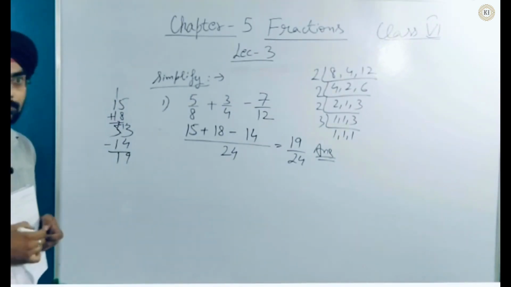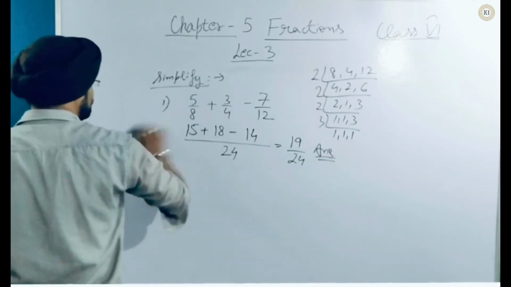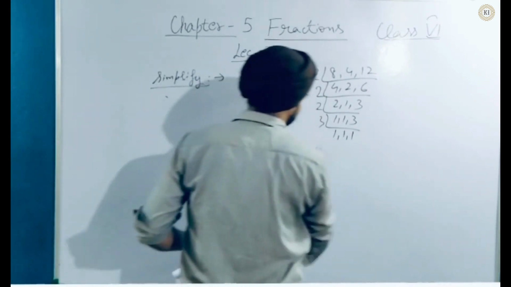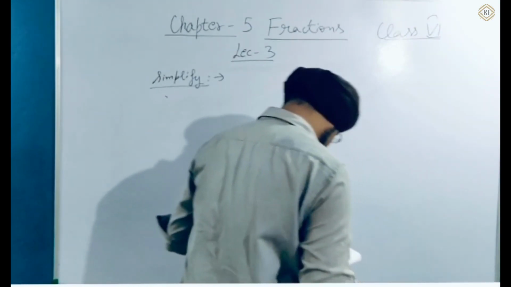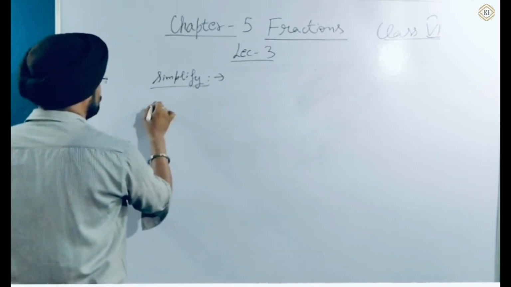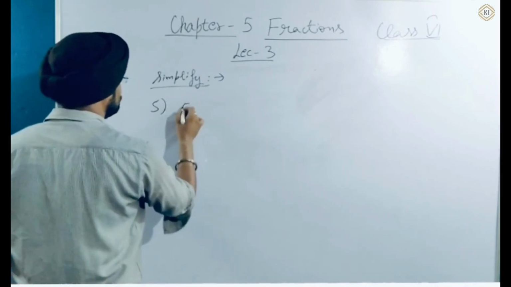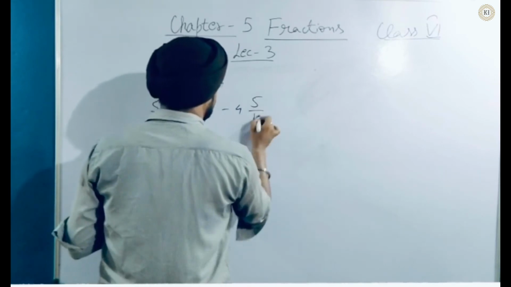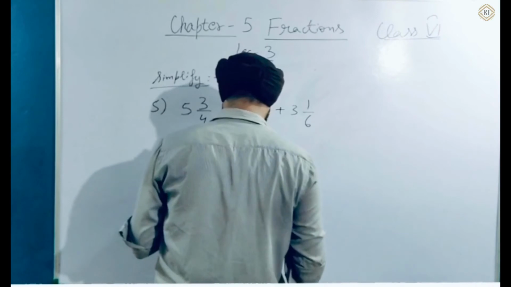Now let us do one more question based on this simplification. Now see, next question is given as 5 whole 3 by 4 minus 4 whole 5 by 12 plus 3 whole 1 by 6.